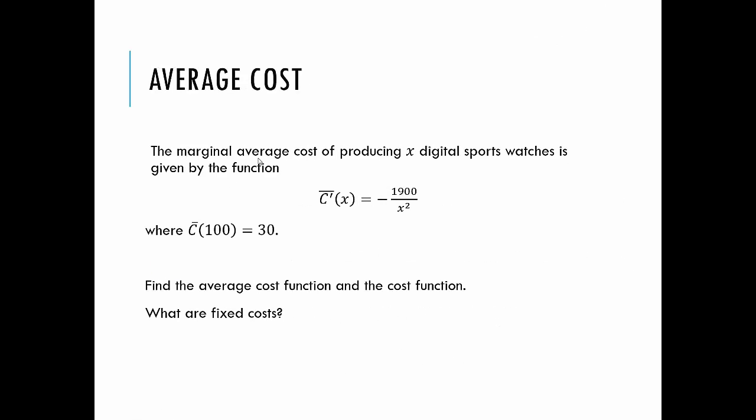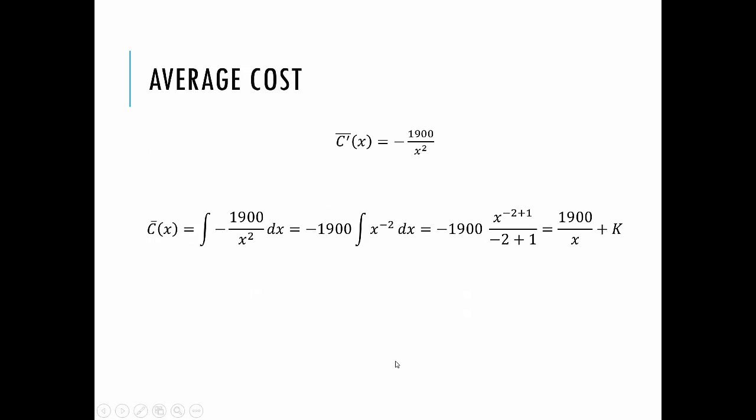Let's look at marginal average cost. So that line is the average of producing X digital sports watches is given by this function, where average cost of 100 of these watches is $30. Find the average cost function and the cost function and what are fixed cost.